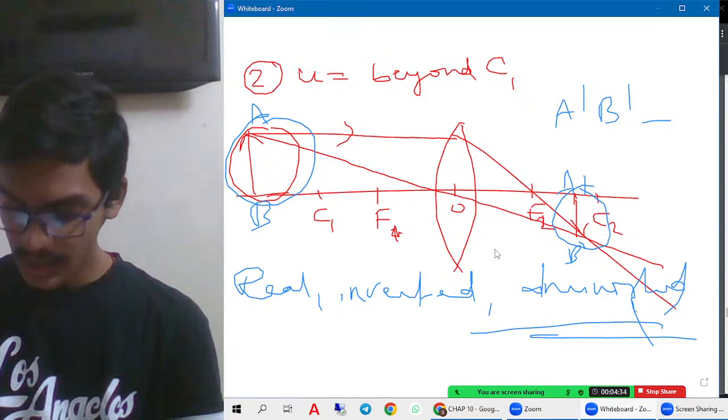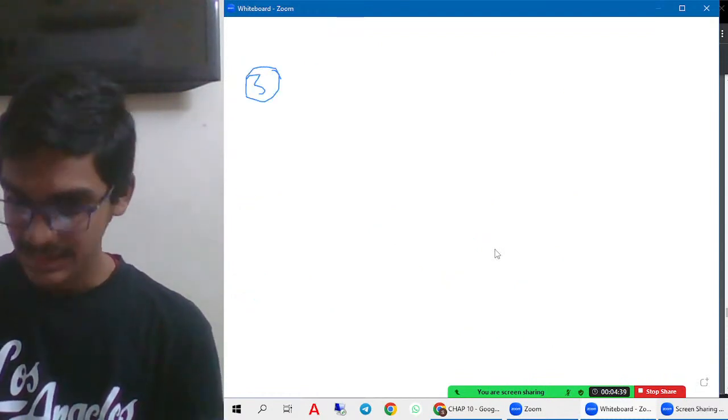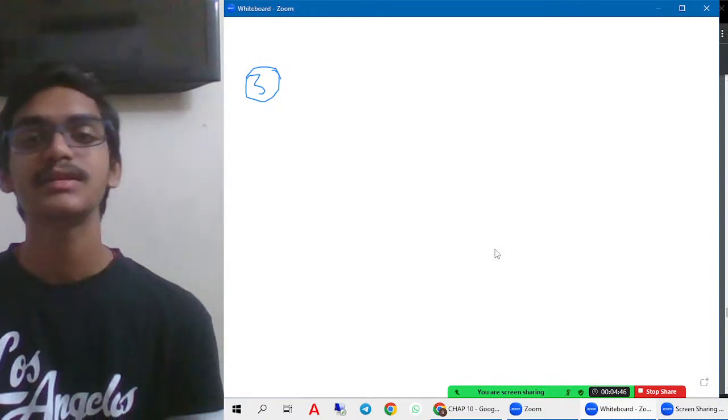Okay. So then the third case, we are putting the object at C. So where will we get the image? You know, right? Where will we get the image? We'll get the image again at C only. Okay.